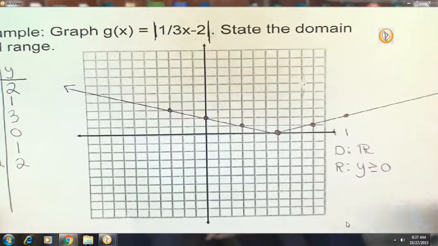Alright, we're going to do some more practice here with graphing absolute value functions. The assignment's going to be out of your book again, and I've got graph paper for you to use.